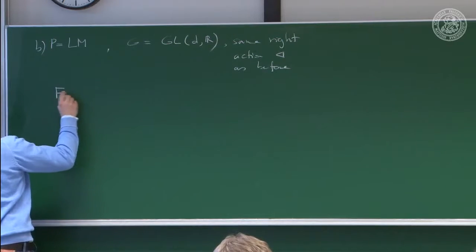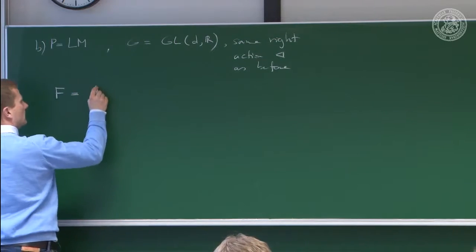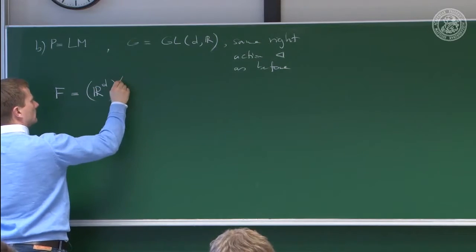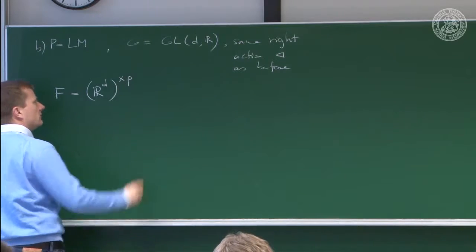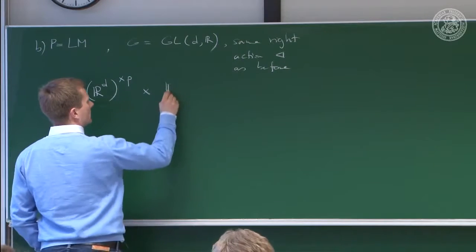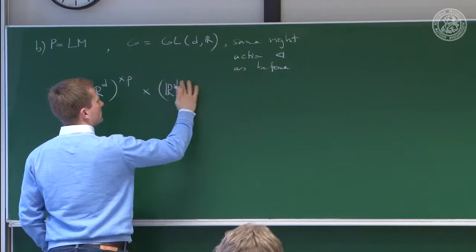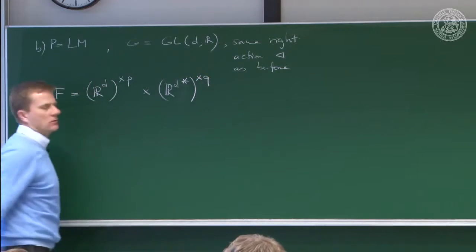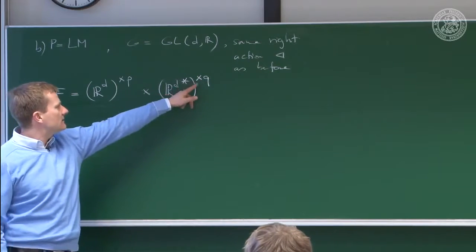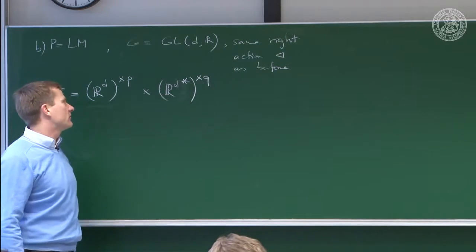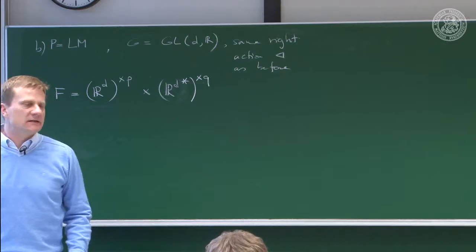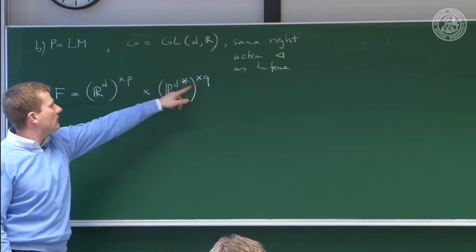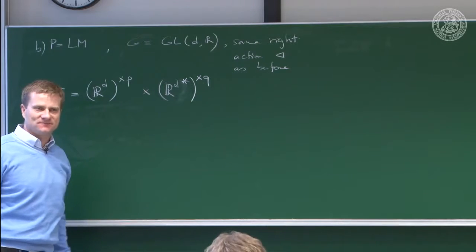And now as the fiber, however, we take P copies of R^d, so P copies of those, yet another Cartesian product with Q copies of the dual. Q copies of the dual. And it's really here, the star is now back there. We're of course going to write down an associated bundle to the same frame bundle, okay? But now we're writing down (P,Q) tensors.